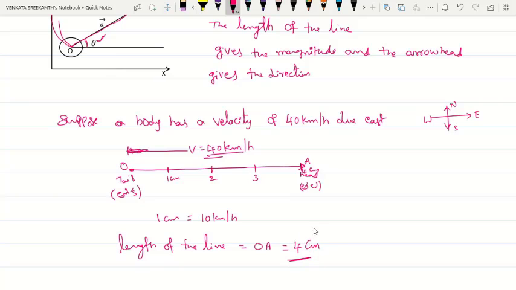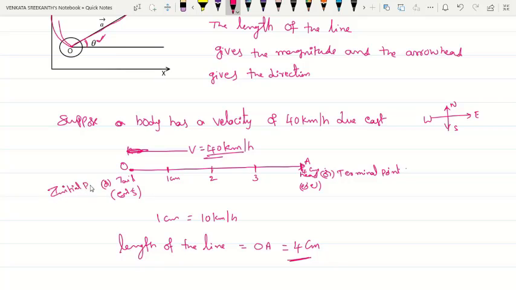The line drawn towards the east with the arrowhead at A completely represents the velocity of the body. Point A is called the head or terminal point, and point O is called the tail or initial point.